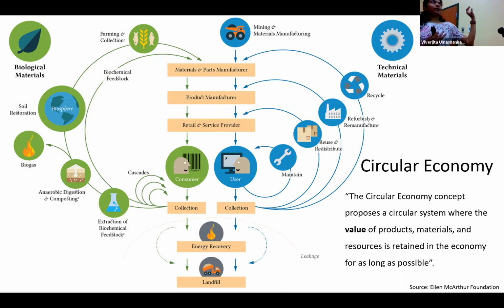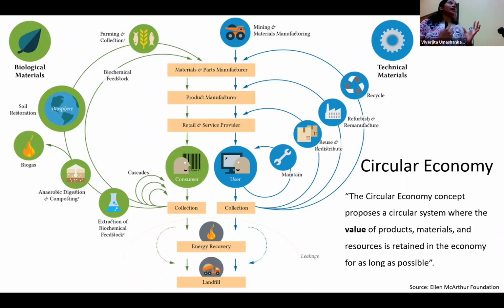So this is a diagram which you can actually just ignore, but you may come across it if you are reading more on the circular economy. This diagram puts together all the different things that we talked about: the biological and the technical cycles of material, and also the different activities that contribute to closing the loops.